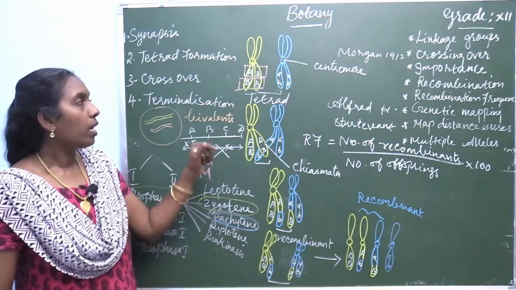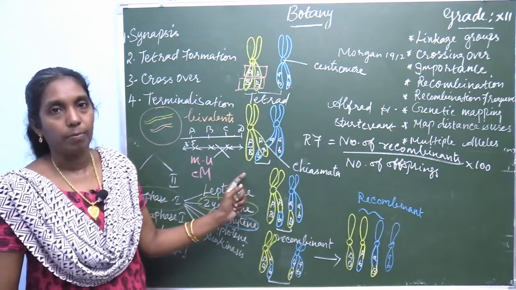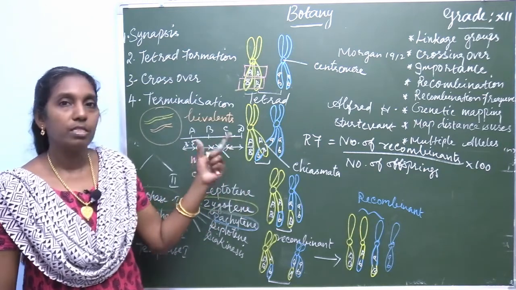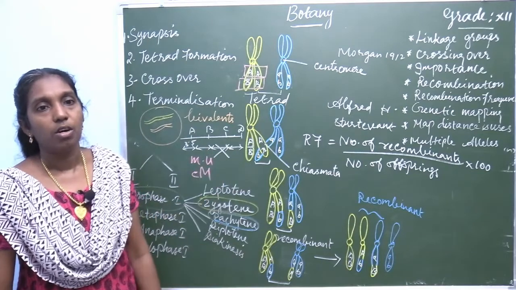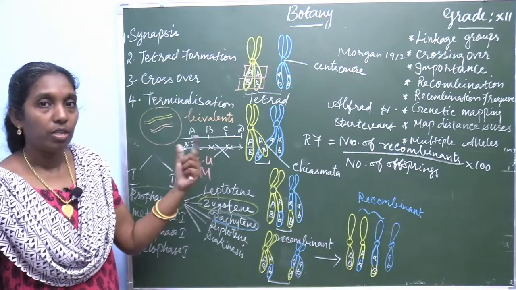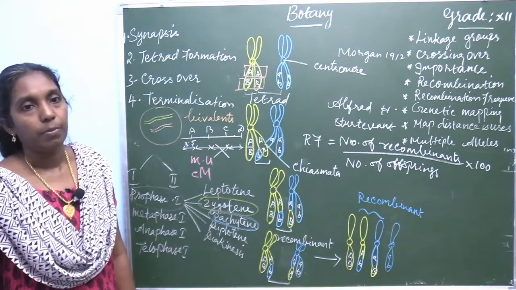If it is wild type, which exhibits only the wild type, there is no interchange. But mutant varieties give the interchange; mutant genes produce either mutant or wild type.